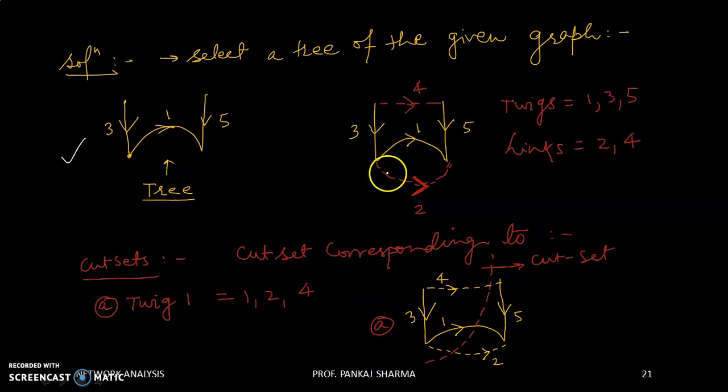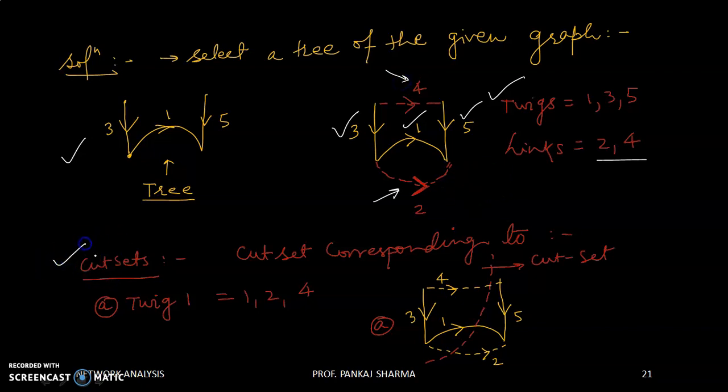I have drawn the links, link number 2 and link number 4. So the twigs are 1, 3, and 5, and the links are link 1, that is branch number 2, and link 4, that is branch number 4.